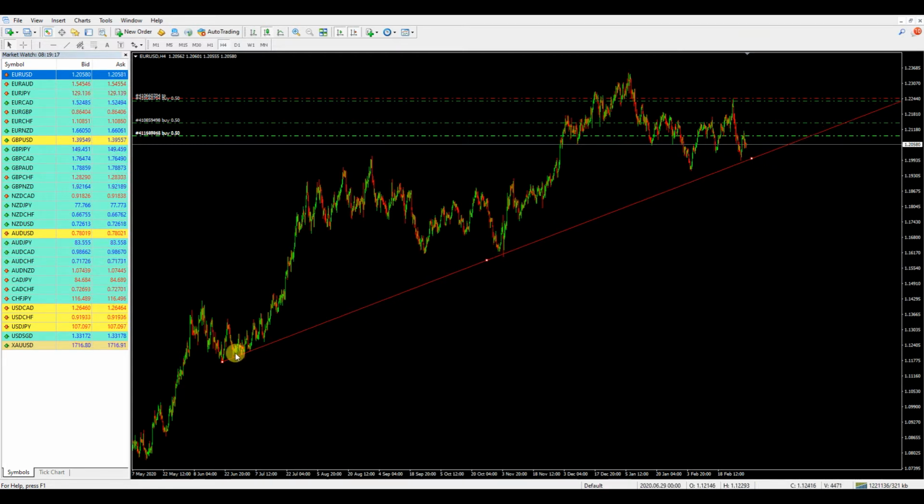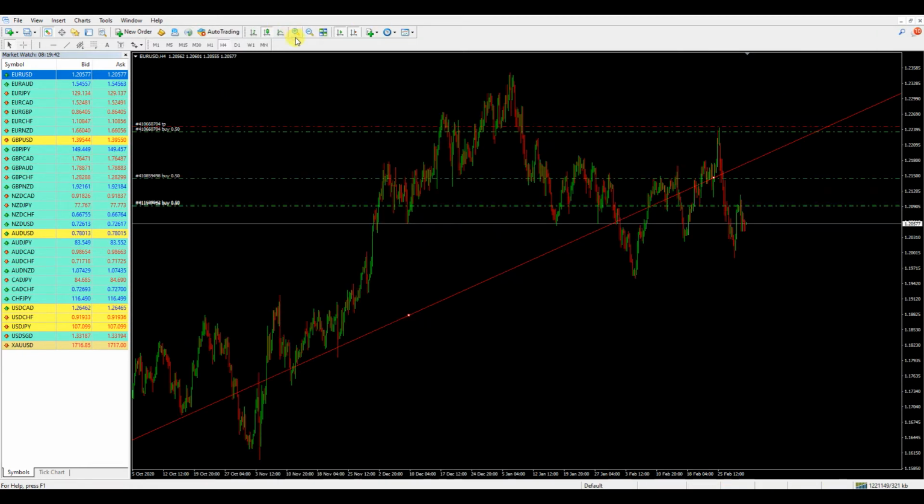If you see over here, we have a couple of touch points here, a couple of touch points here, and a slight touch point over here. So it means the market is on the perfect route of an uptrend. If we want, we can also take this touch point to see what's happening in the market. We get some touch points over here as well.